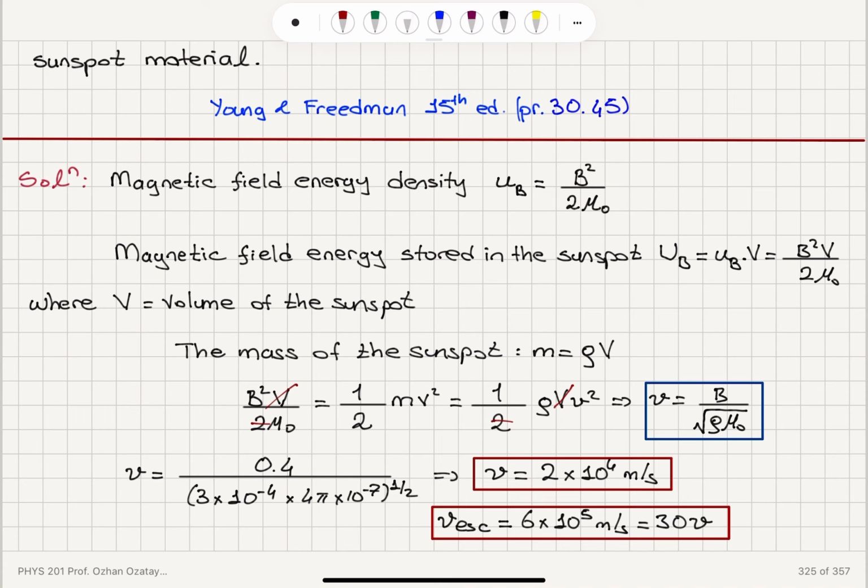So b squared V over 2 mu0, which is to be converted 100% to kinetic energy, 1/2 m v squared, or 1/2 rho volume speed squared. So volumes cancel, 2's cancel, so we find the speed to be b over square root rho mu0. And substituting the values, we obtain 2 times 10 to 4 meters per second, which is 30 times less than the escape speed from the sun's surface.